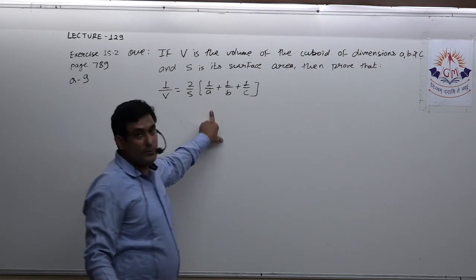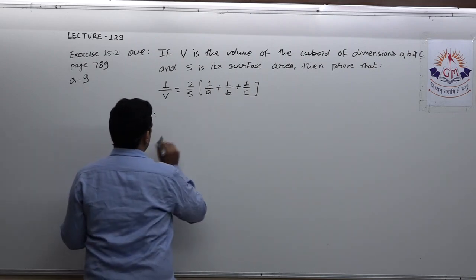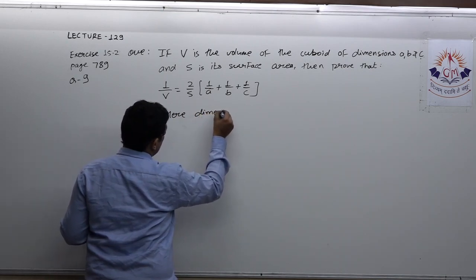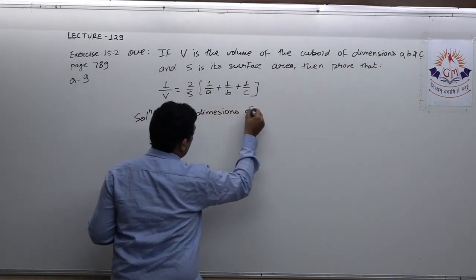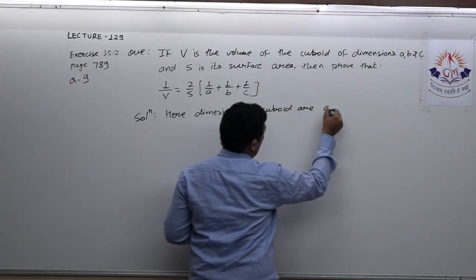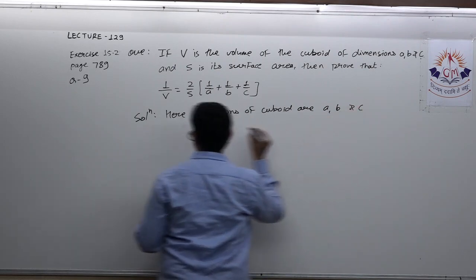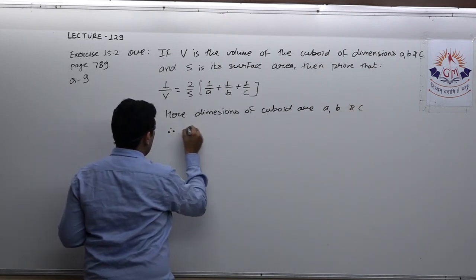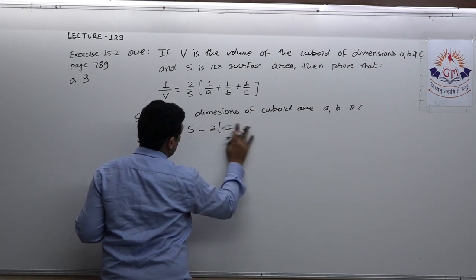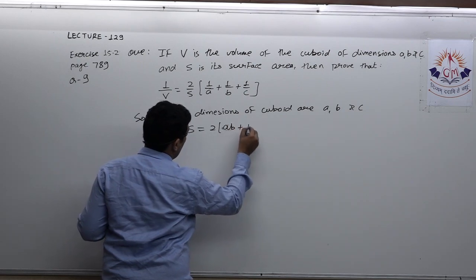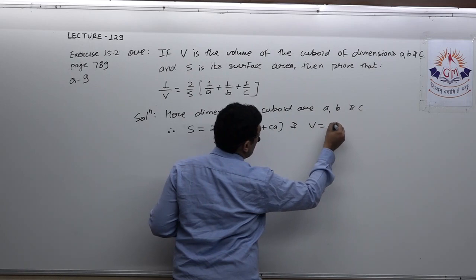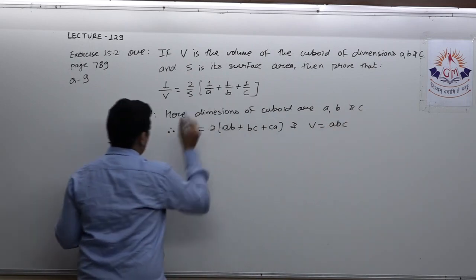Also it is given the dimensions are A, B, C. So here the dimensions of the cuboid are A, B and C. Therefore S is equal to twice of AB plus BC plus CA, and V is equal to ABC.